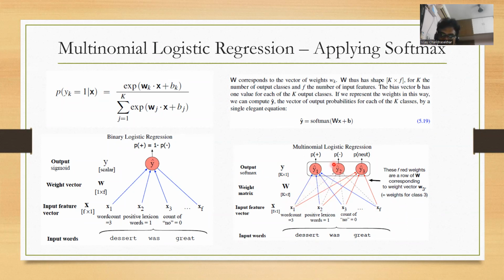Likewise, if you look at the next classifier, the negative, you'll find x1 is an input, x2 is an input, x3 is an input. And finally, if you take neutral, again, x1 is an input, x2 is an input, and x3 is an input.